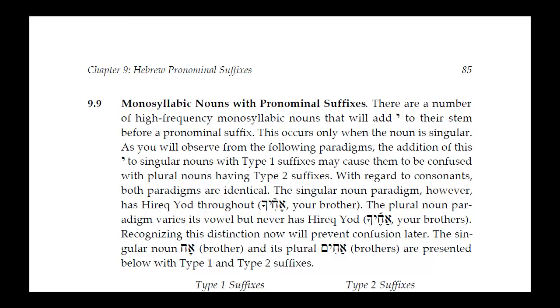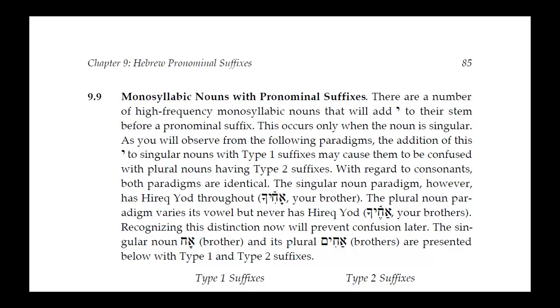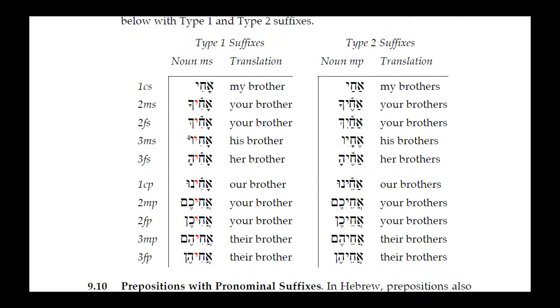The singular noun ach for brother and its plural achim, brothers, are presented below with type 1 and type 2 suffixes here. Again, the hireq yod is what shows you the difference, that this is a type 1 and the others are type 2. So you got achi, achicha, achik, achiv, achicha, achinu.